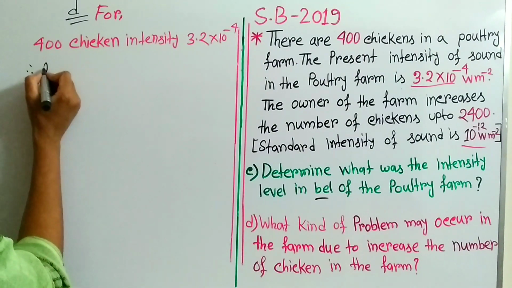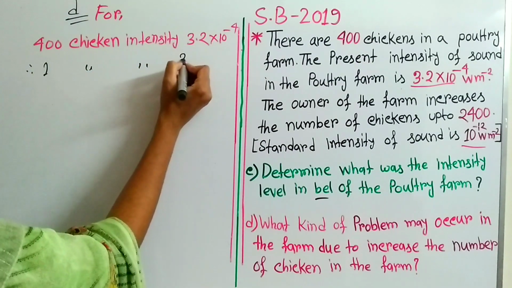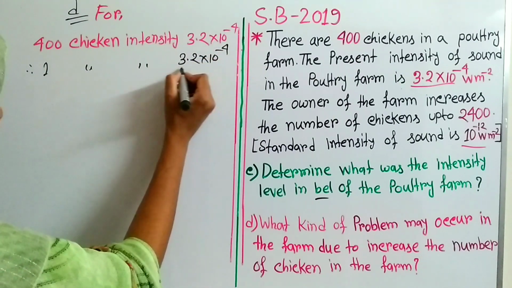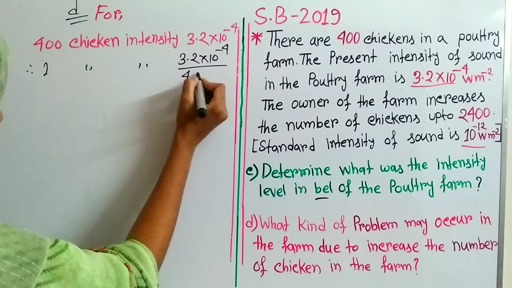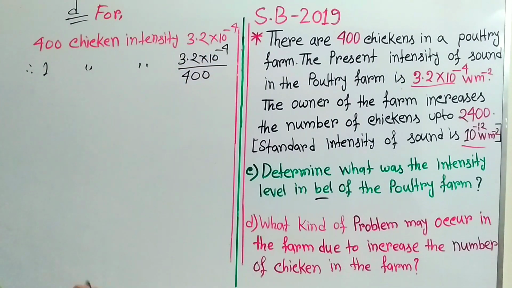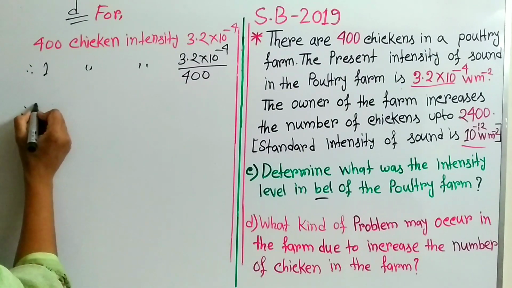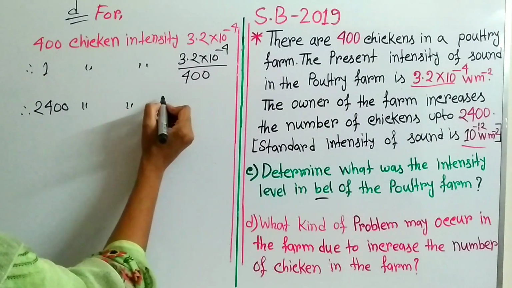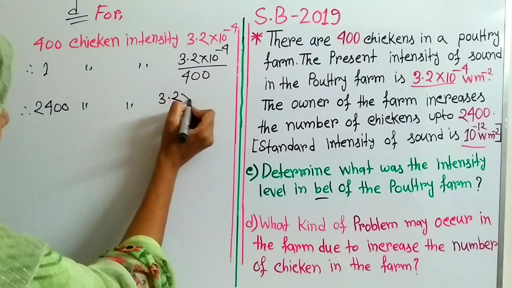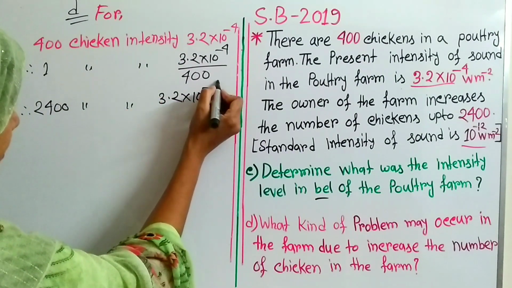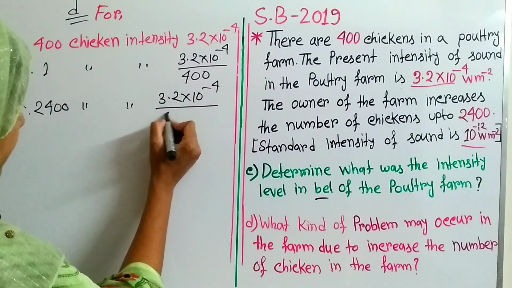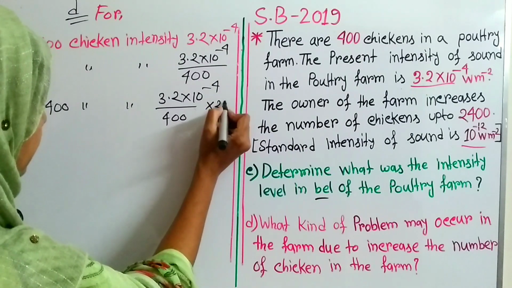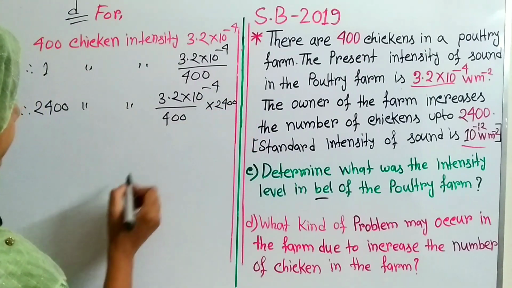So for one chicken, intensity is 3.2 into 10 inverse 4 divided by 400. Now for 2400 chicken, intensity is 3.2 into 10 inverse 4 divided by 400 into 2400.